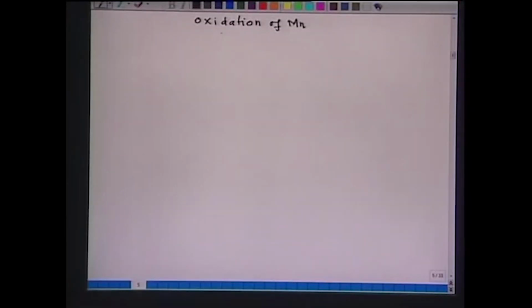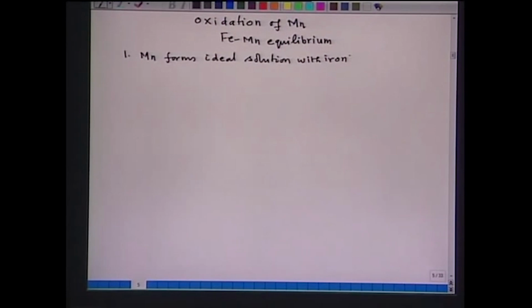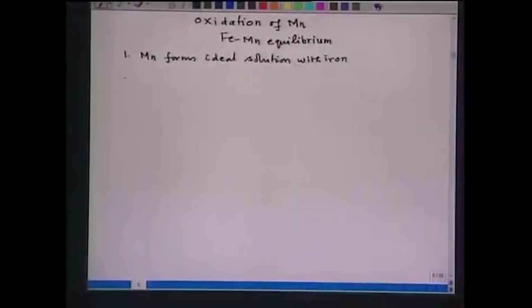So, next we consider oxidation of manganese. In fact, we are considering iron-manganese equilibrium. Some points to be noted: first, manganese forms an ideal solution with iron. That means manganese and iron do not form any intermetallic compound, and that is what the ideal solution means. Second, manganese is soluble in iron in any proportion.